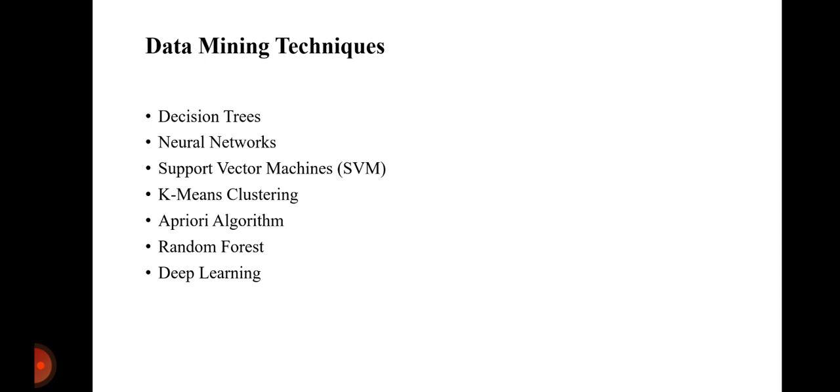These are the techniques of data mining here. The first technique that we use in data mining is decision trees. A decision tree is a supervised learning algorithm used for both classification and regression tasks. Supervised learning is where we process machine learning using labeled data. That is, we know the input and also the output.